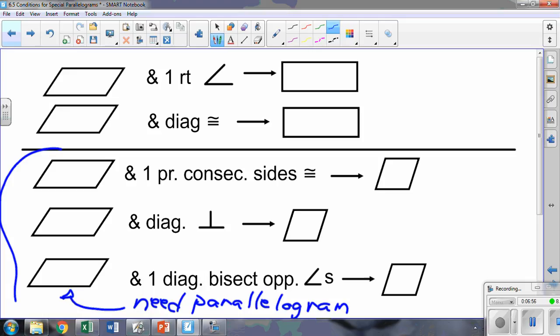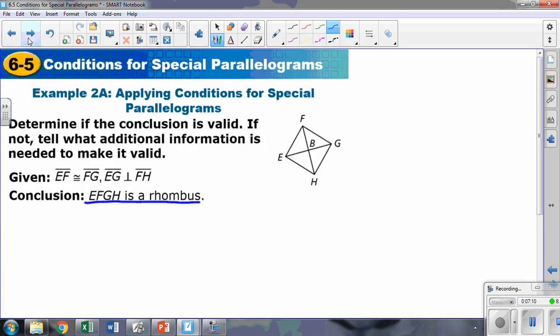And so we're just going to go through and check. If one of them works, the conclusion is valid. If none of them work, then we don't have enough evidence to say that we know that it would work. So let's run through the problem. Okay, EF congruent to FG.